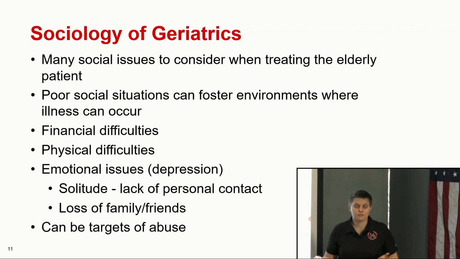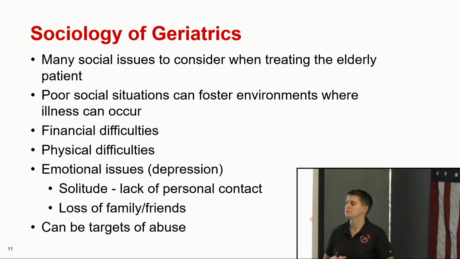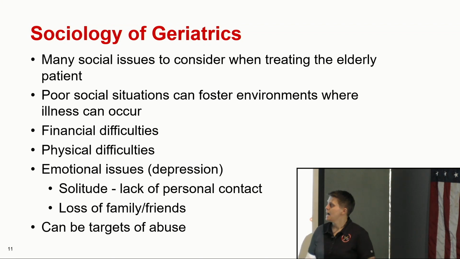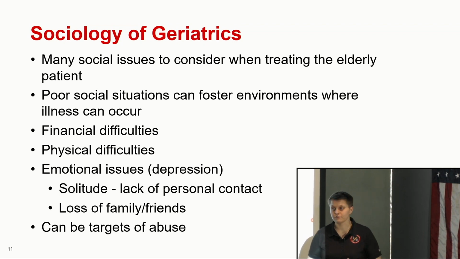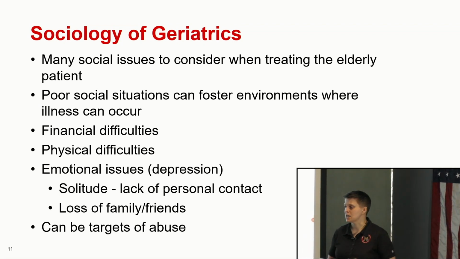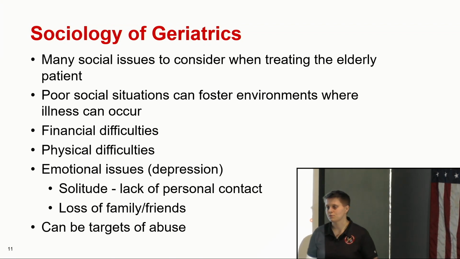There are physical difficulties simply as a normal part of aging, but they may be exacerbated by some of the medical conditions that people face. And then there may be emotional issues, right? So solitude or lack of personal contact, loss of family or friends. Many of us may be familiar with these concepts for people in our own lives, but we need to think about and respect and understand these things when we're interacting with elderly patients. And then finally, and unfortunately, as we'll discuss right at the end of this presentation, our elderly patients can be the targets of abuse.